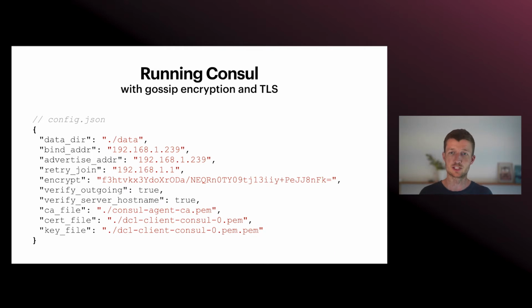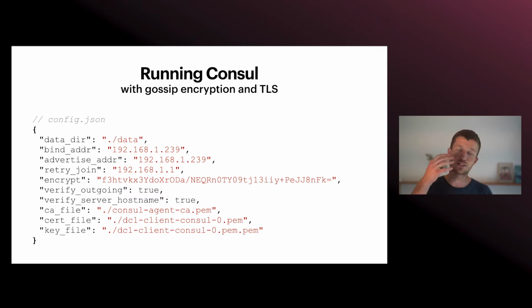This configuration is already much bigger. It has 5 more lines, and it's running Consul with gossip encryption like before, but now we also have TLS enabled. What TLS does is encrypt the other path of communication, the RPC path, and that's always happening when clients are talking to servers. It's always that way. Clients are talking to servers for everything basically.